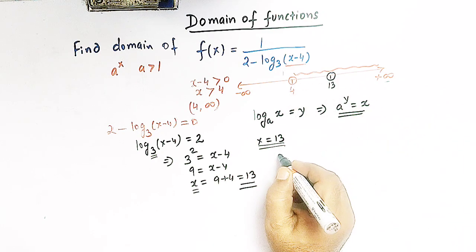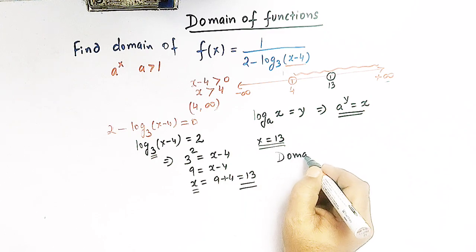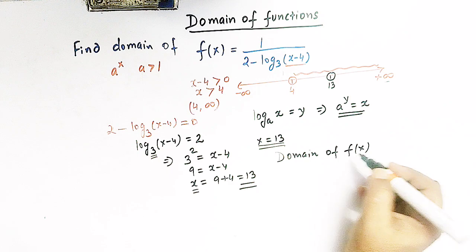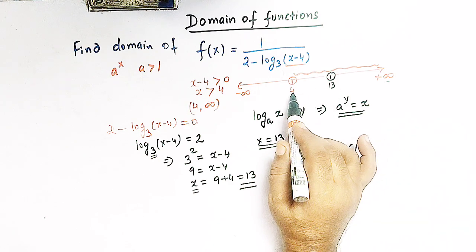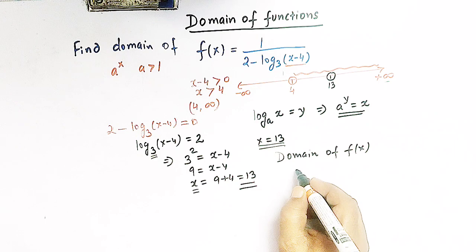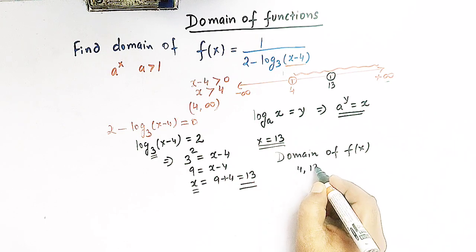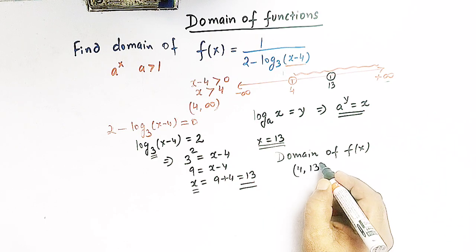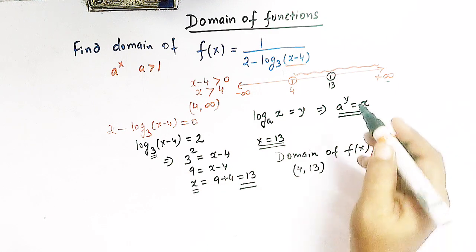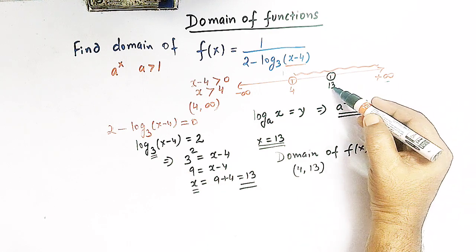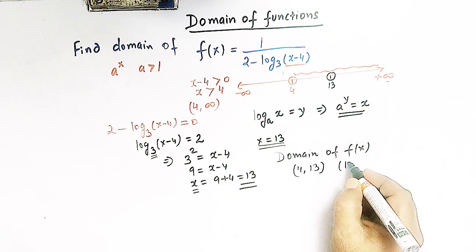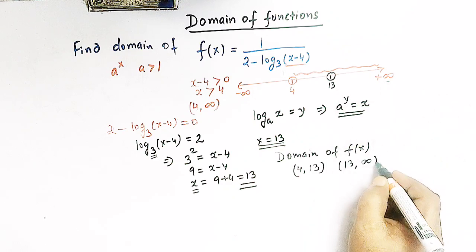So the domain of f of x is given by the interval from 4 to 13, where 4 and 13 are not included, and then the interval from 13 to infinity.